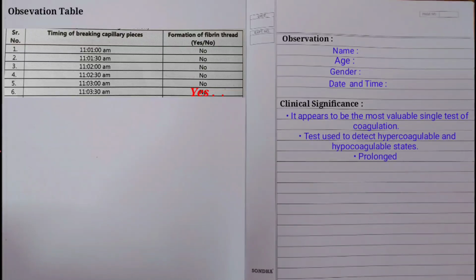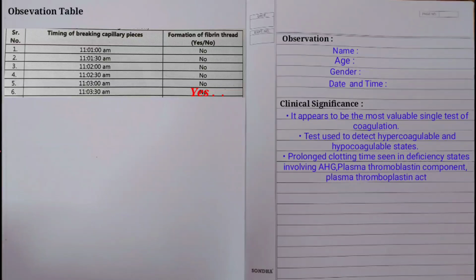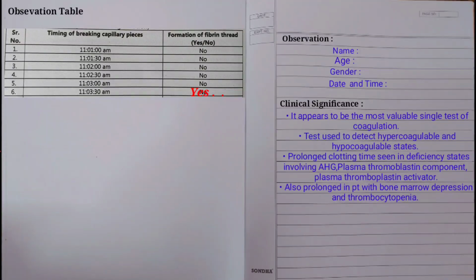If it exceeds this, the patient or subject is suffering from some pathophysiological condition such as hemophilia, heat stroke, clotting factor deficiency, that is factor 2, factor 5 or factor 11, or even calcium deficiency. After that you have to write down the result.